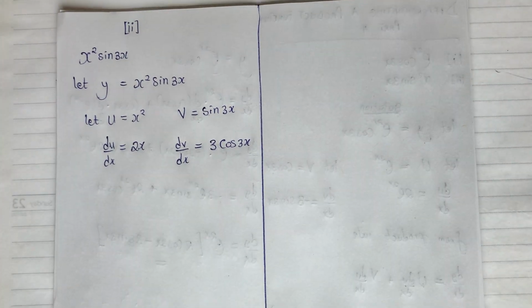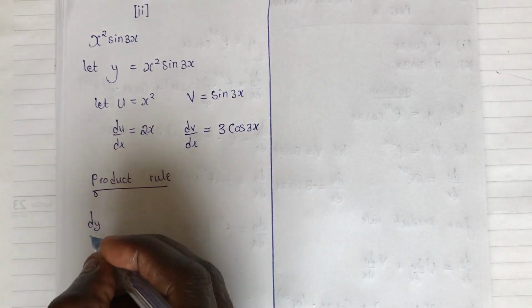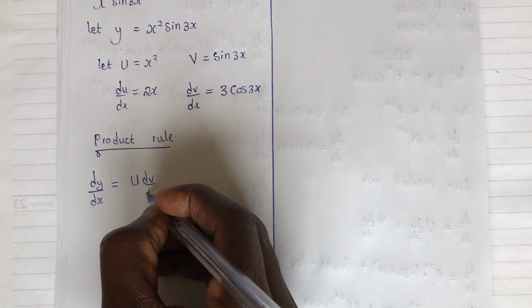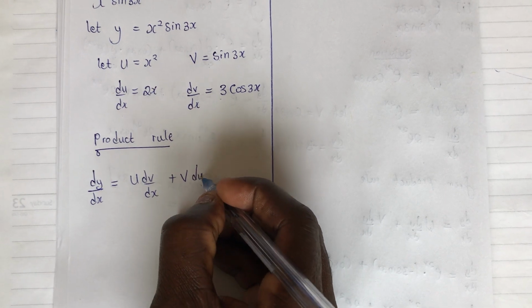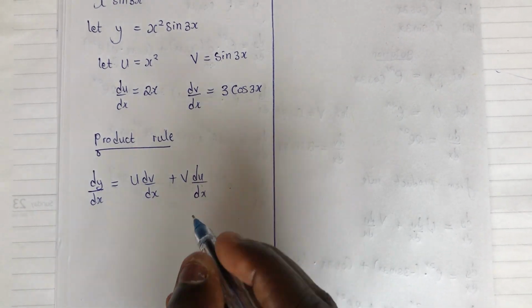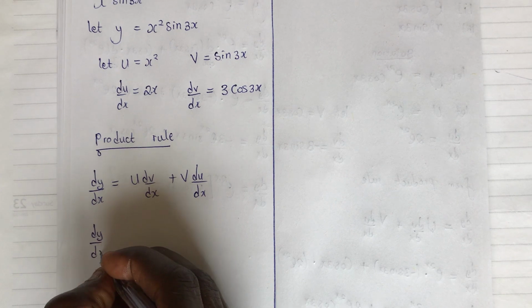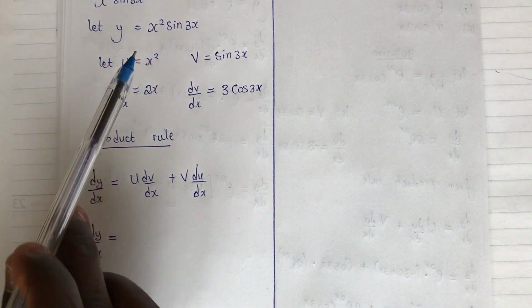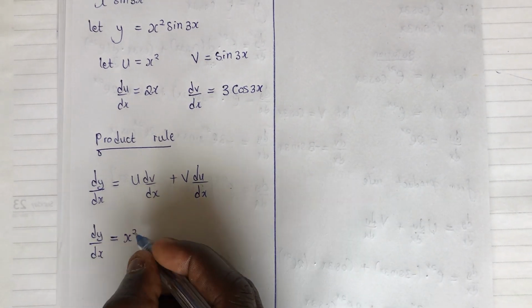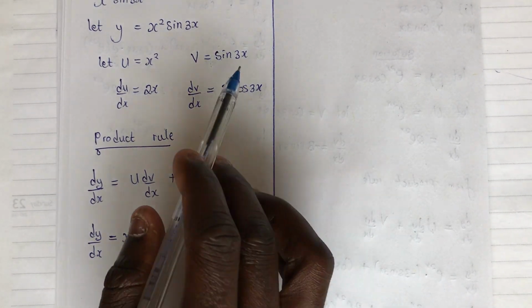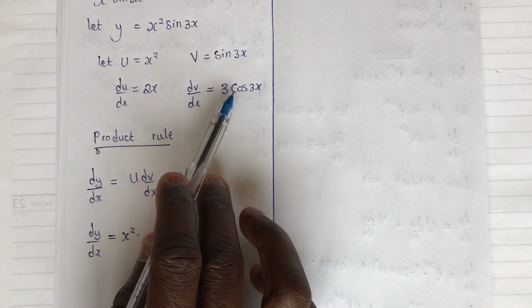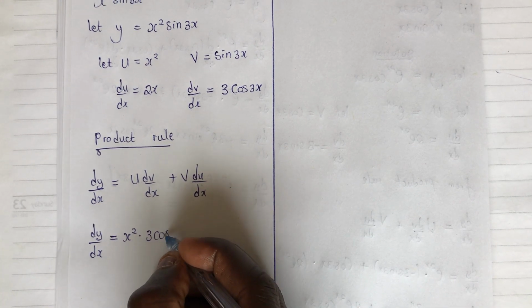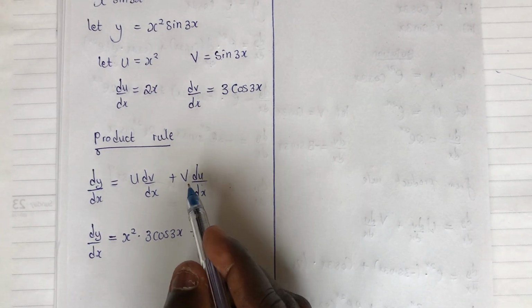So now I'll apply the product rule, and the product rule says dy/dx will give you u dv/dx plus v du/dx. So now dy/dx will give us, now we substitute, what is u? u is x squared, multiplied by what is dv/dx? It is 3 cos 3x. So multiplying 3 cos 3x plus what is v?